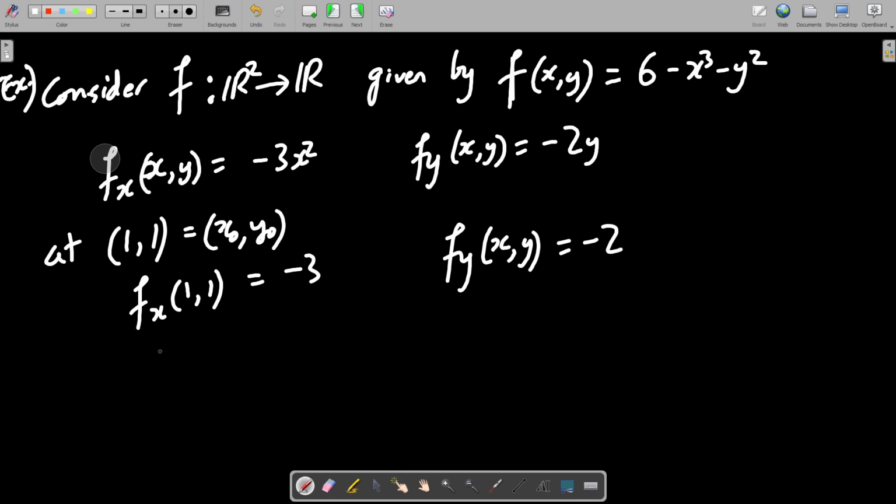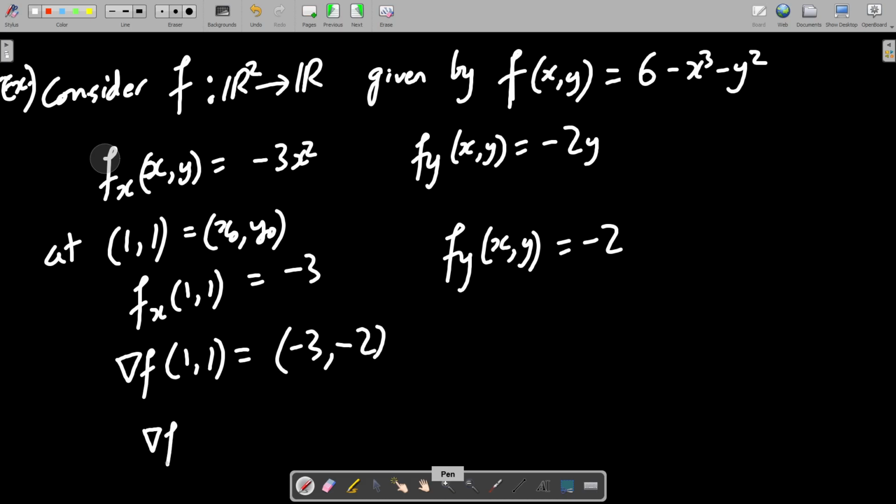So the gradient of f at (1, 1) will be equal to (-3, -2). Now to do our further arguments, we require the modulus of this, meaning the norm of this.